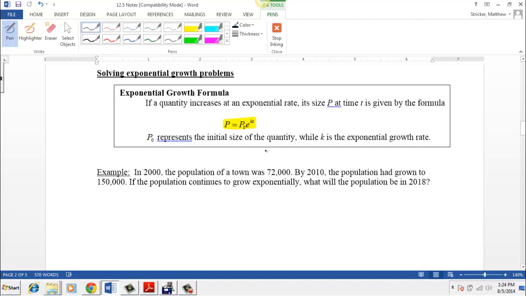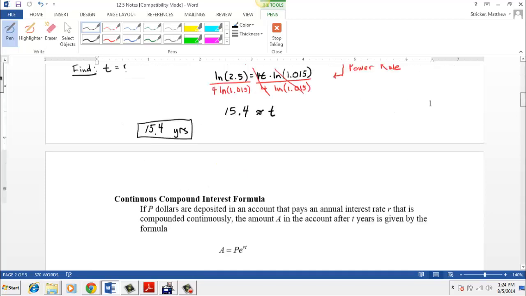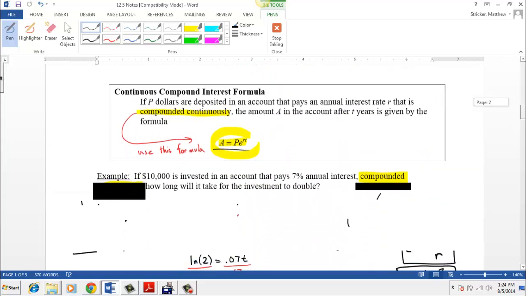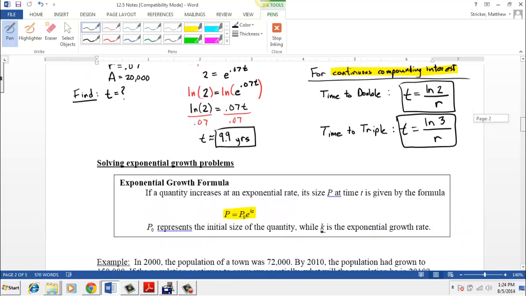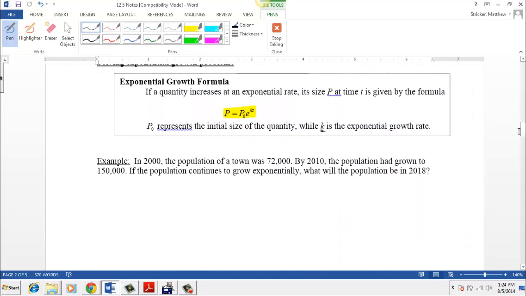That could be the initial population, the initial amount of some substance, could be anything. And k represents the exponential growth rate. We'll notice where k is. k is like the r in the last problem. There's the r. k is a lot like that.